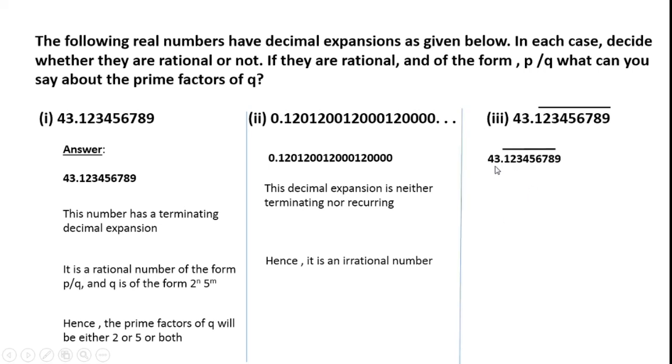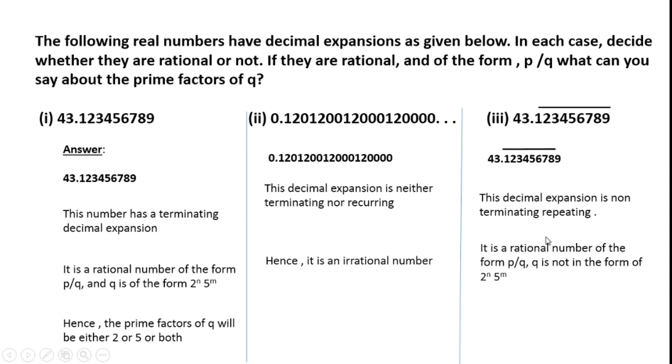The next one, 43.123456789 with a bar. Bar means it is a repeating pattern. See here, this decimal expansion is non-terminating repeating. It is given like that. So we can say that it is a rational number of the form p by q.